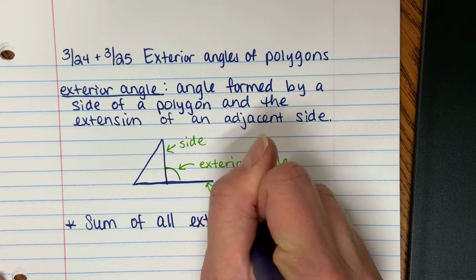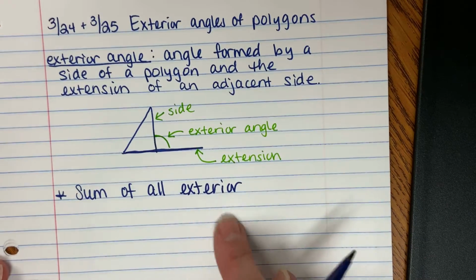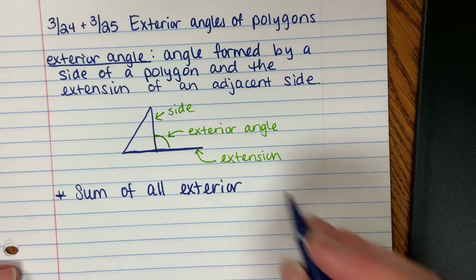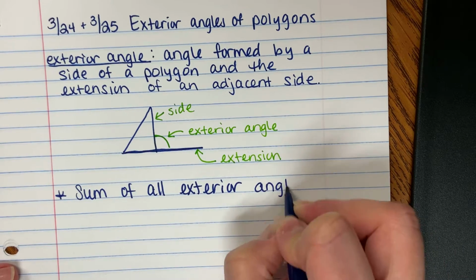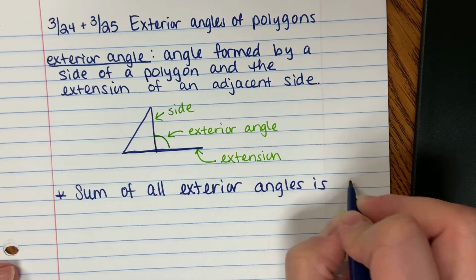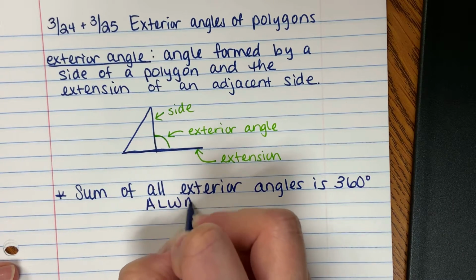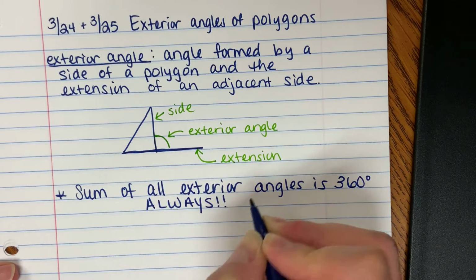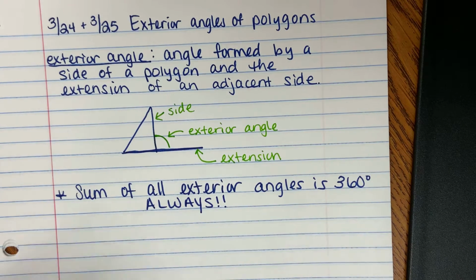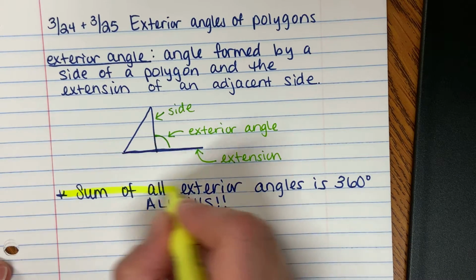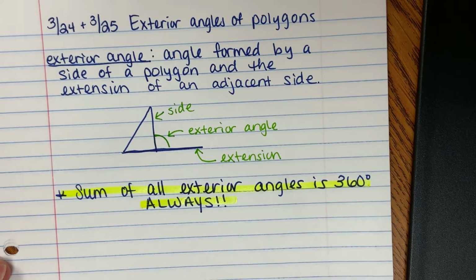Exterior, you're gonna have to read all these problems carefully because it'll say exterior or it'll say interior, so that's different. Is 360 degrees. Always, it's always 360 degrees. So if you can remember that, you'll never get the answer wrong. It's always 360.